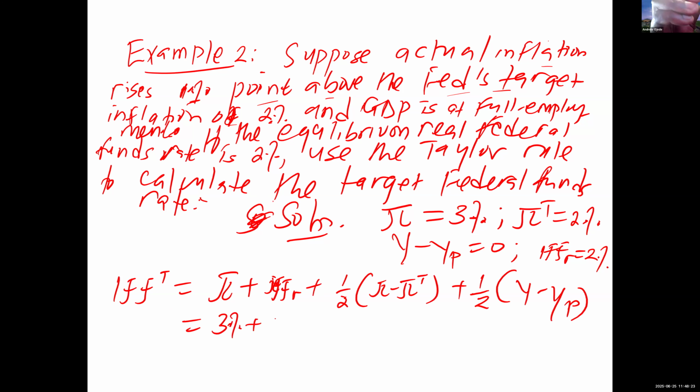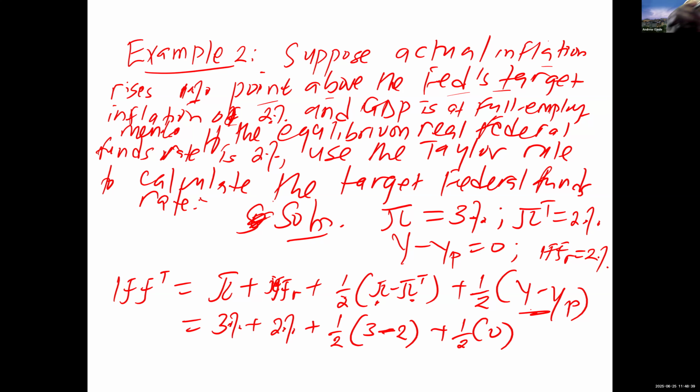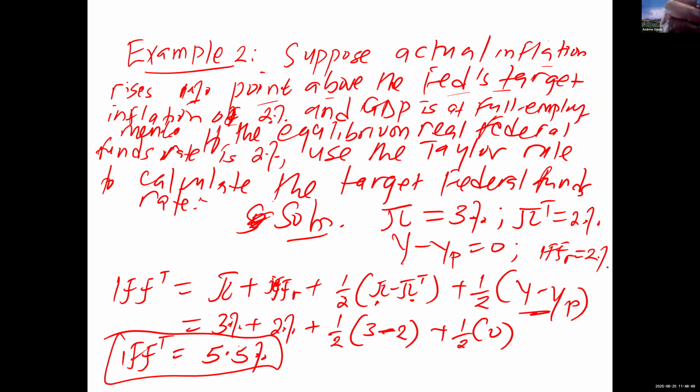This is 2%, given in the problem. Plus 1/2 times pi, which is 3, minus pi t, which is 2. Then plus 0, because output is at full employment. So according to Taylor, the federal funds rate target should be set at 5.5%.